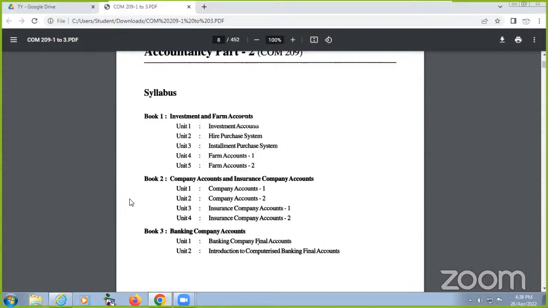Now we have already finished unit one, unit two and unit three in book number one. We just revise all the terms because the exam will be in Marathi also and English also.